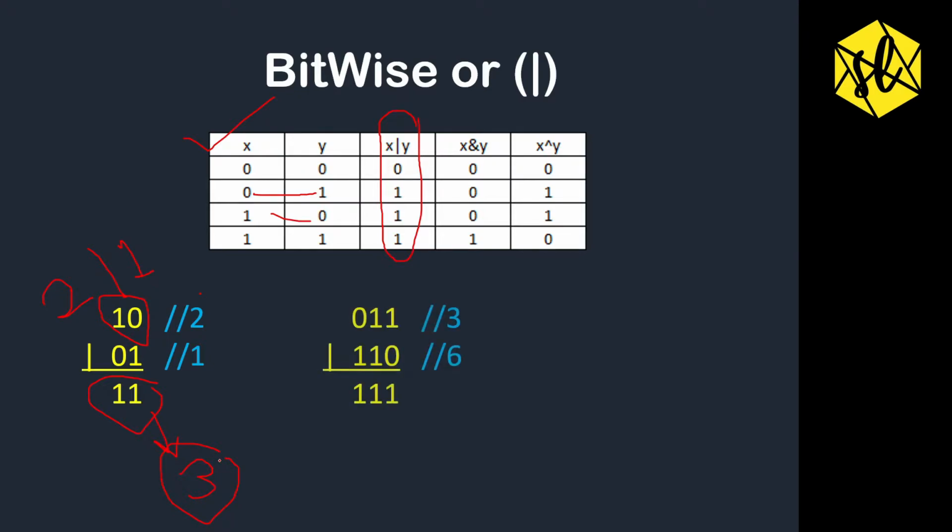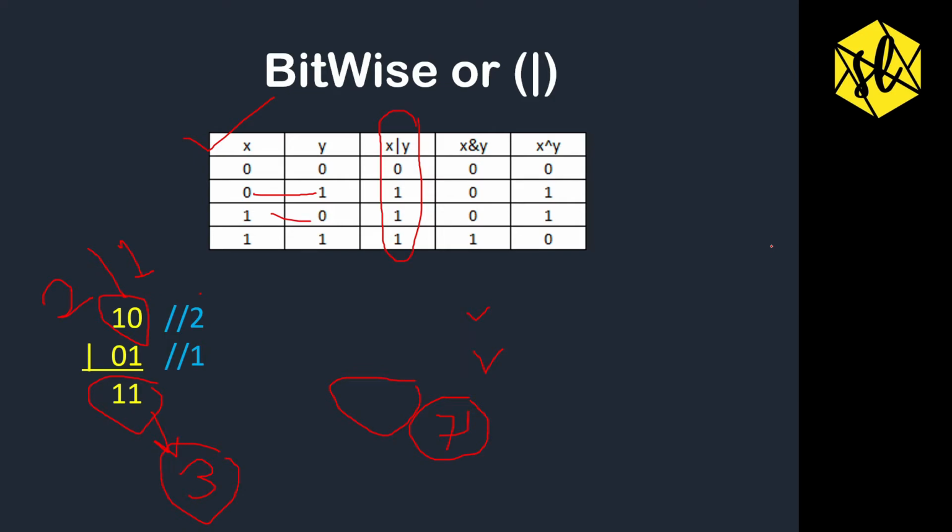Now let's move to the second example. We have a complex one, and that is 3 and 6, and yes, we are getting 1 1 1, that is 4 2 1, that is 7. We should be getting this 7 as output.